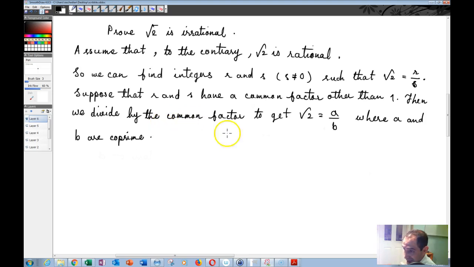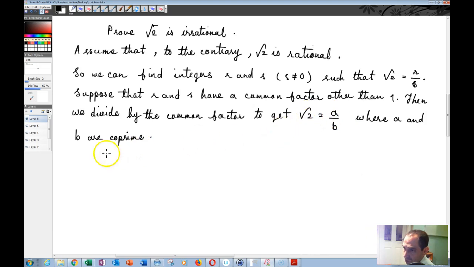So you take both of your numbers and divide by the common factor, and you get square root of 2 is equal to a divided by b, where a and b are now coprime, so we have no problem there anymore.